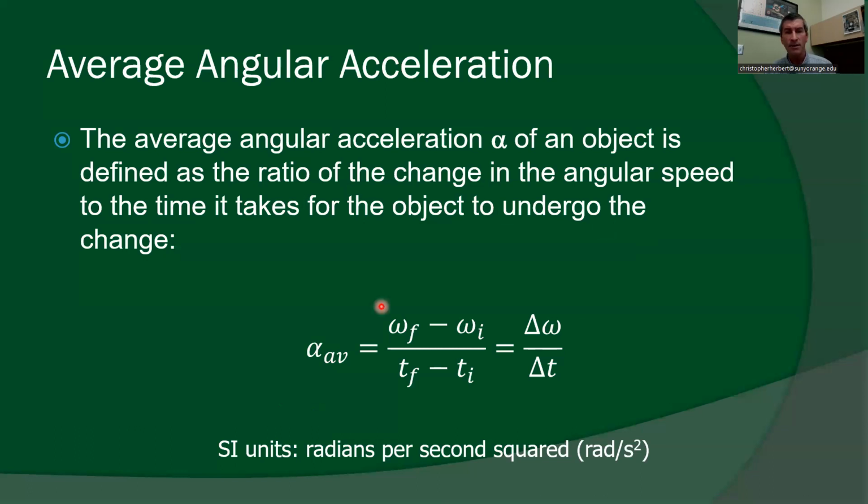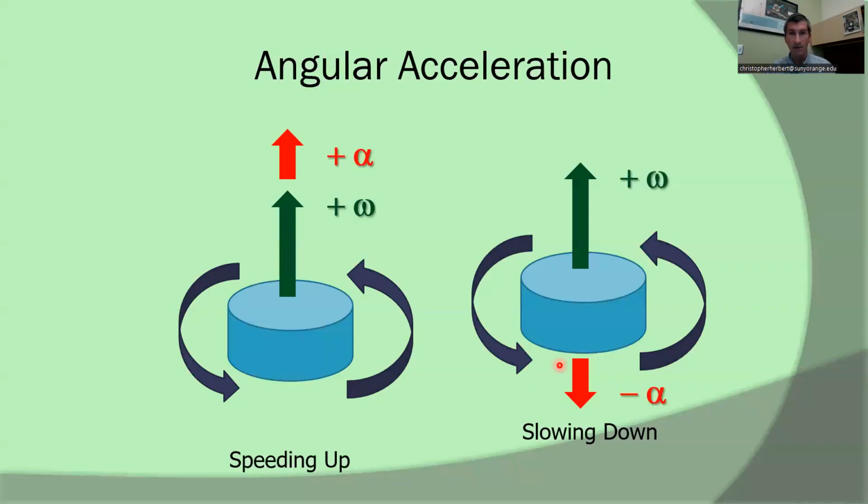Finally, angular acceleration. Just like acceleration was the change in velocity divided by time, your average angular acceleration is going to be your change in angular velocity divided by time. And if we do instantaneous, it's pretty much the same thing.